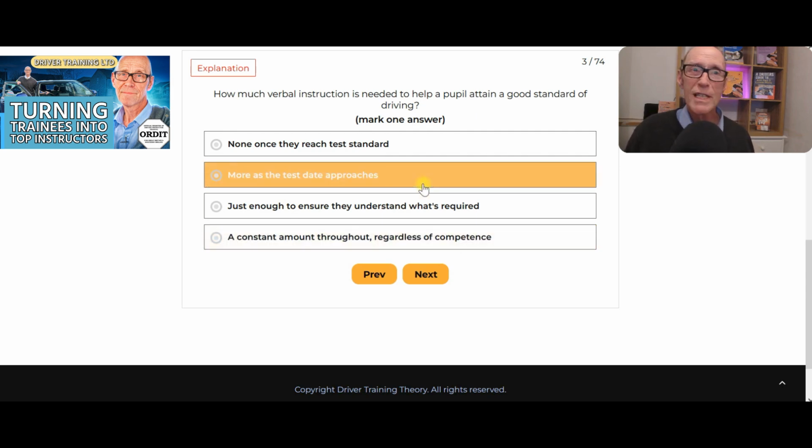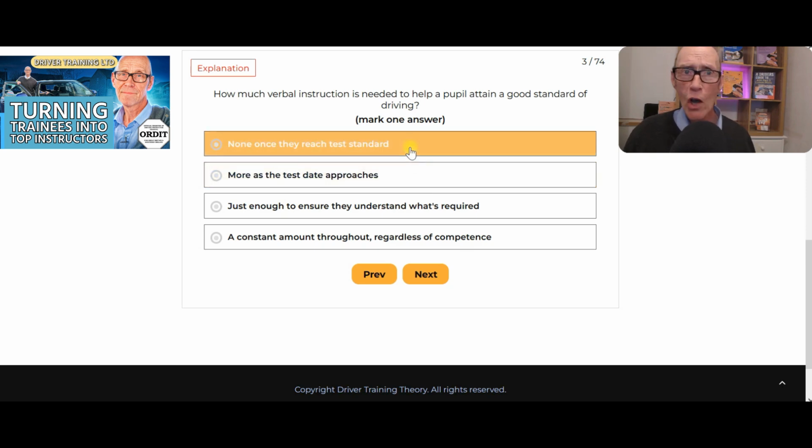You might think, was it more as the test date approaches? Well, remember, think of the literal driving test. It's 40 minutes pretty much in silence. So the way to tell if somebody is test standard is the fact that you should be really quiet and not saying anything. So is the answer none then once they've reached test standard?